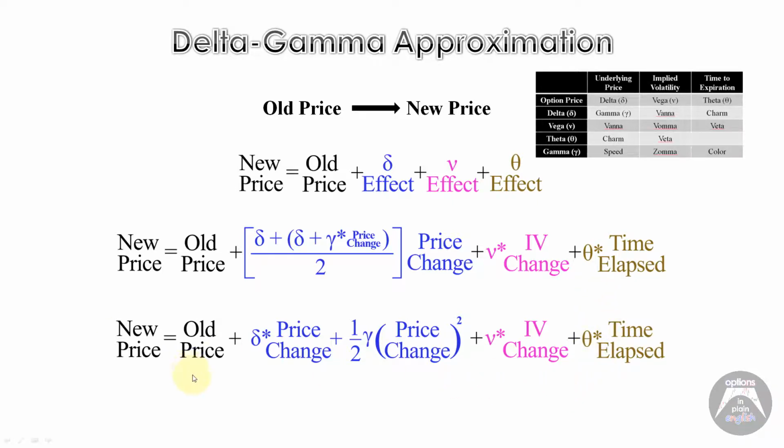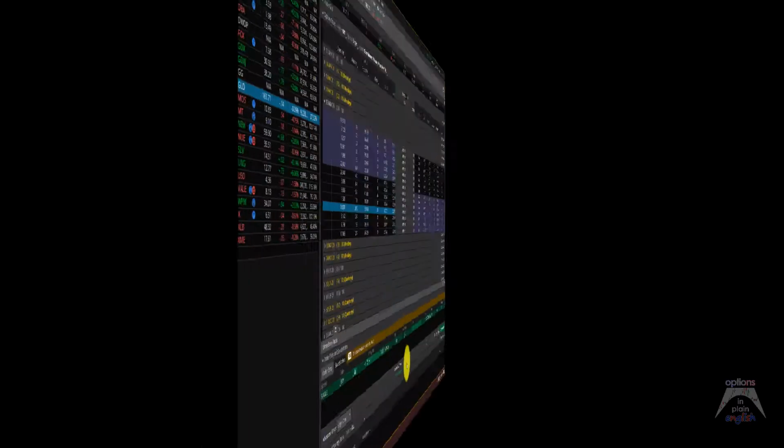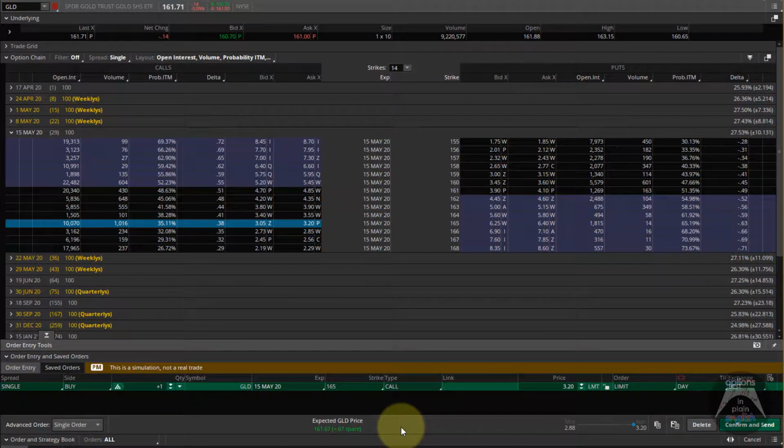Now we're going to use the formula in an actual example on the platform. So now we're on a trading platform and we're going to be using our Delta-Gamma approximation to try to anticipate or approximate the profits or losses that we're going to get based on some changes in the market. For this example, I'm going to be using the ETF for gold, GLD.